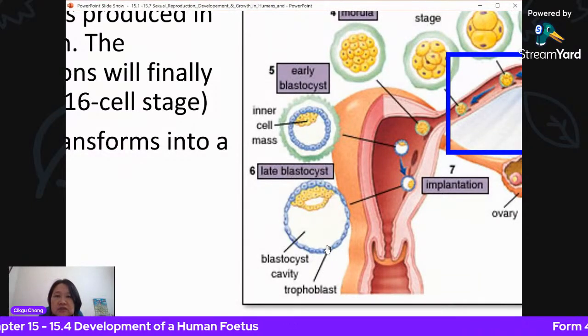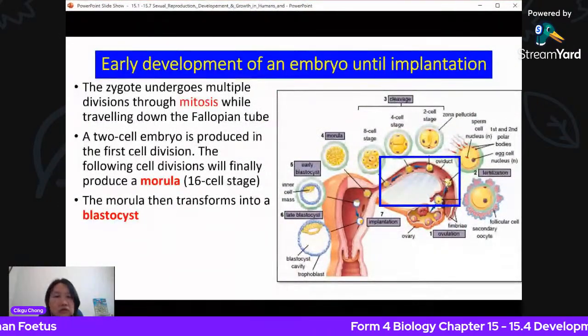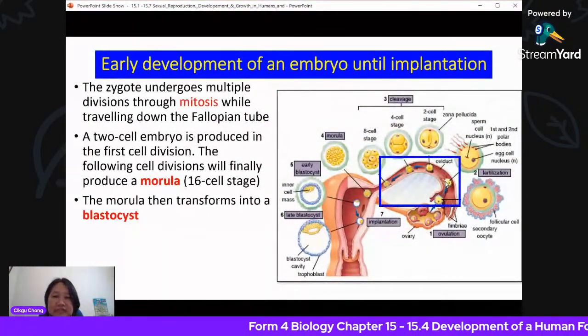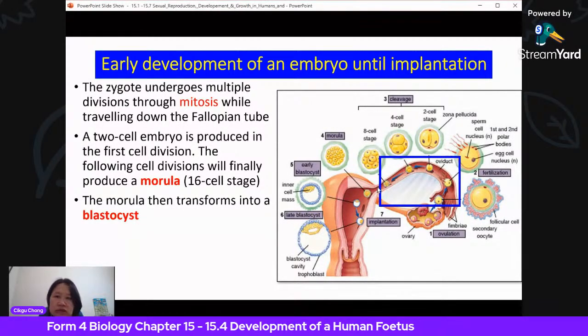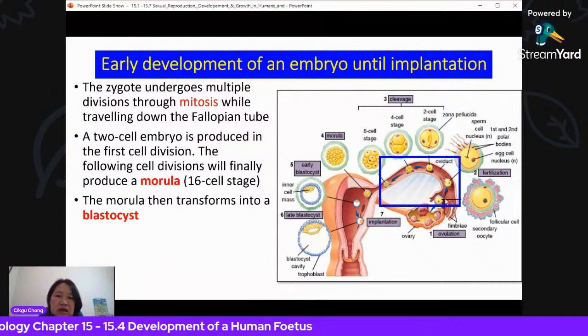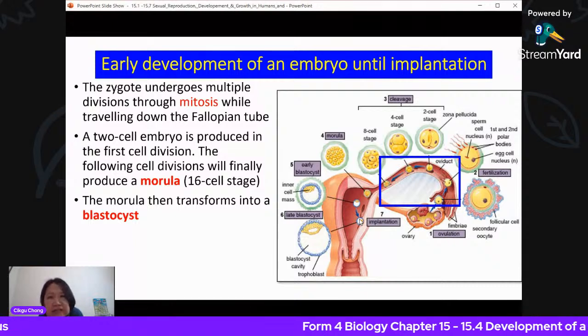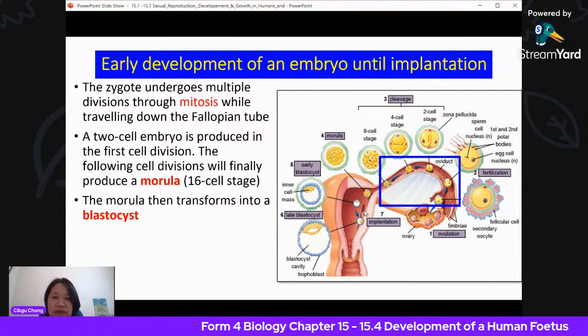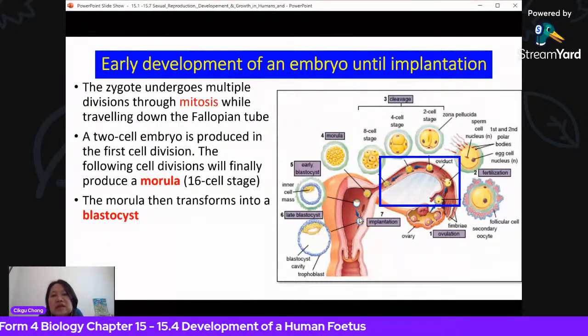This is basically what is going to happen within those few days after fertilization. It roughly takes about 7 to 10 or 11 days for this one cell zygote to progress onto implantation. About 1 week later, it will arrive at the endometrium lining and embed itself in the uterus.